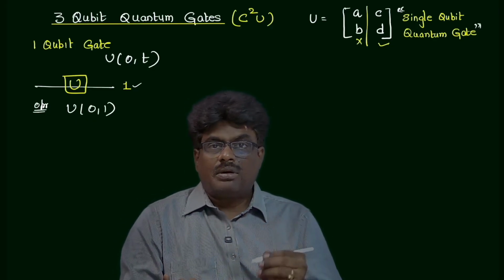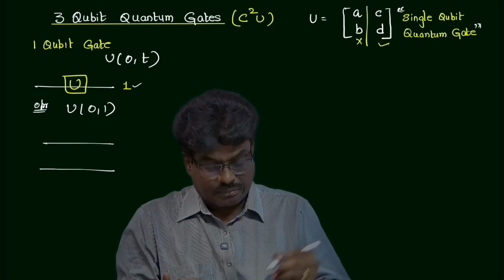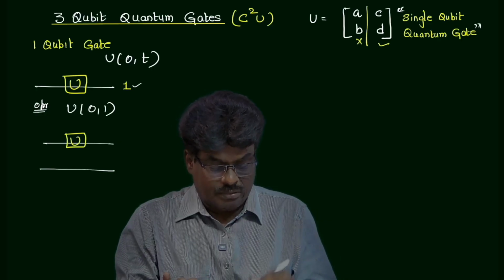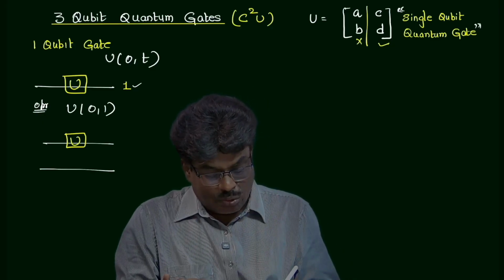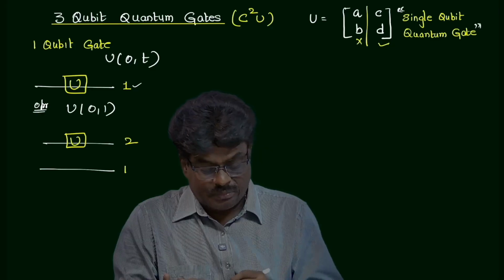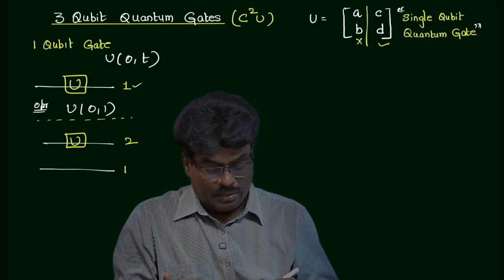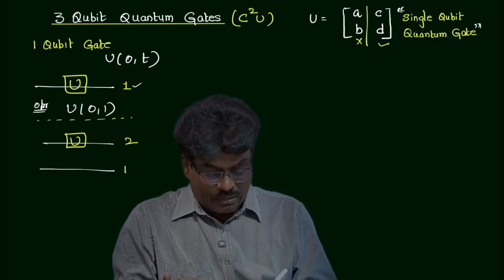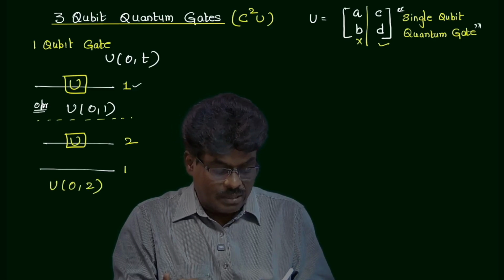Now you may have one more doubt. For example, I have 2 qubit states, but here I have a single qubit gate. Then how to do it? So 2 states are there, that's why 1, 2. Now please take the operations. Start with that U on 2, that is U of 0 comma 2.